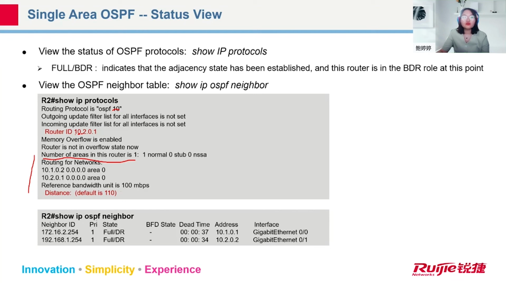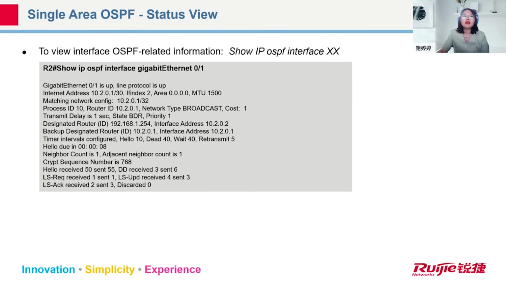And on router 2, you also can see the OSPF neighbor information: the neighbor ID, priority, and state, something like this. And when you use show ip ospf interface, you can see the interfaces enabled for OSPF and some detailed information. The first 2 parts are the basic physical information of the interface. And here is the OSPF information.